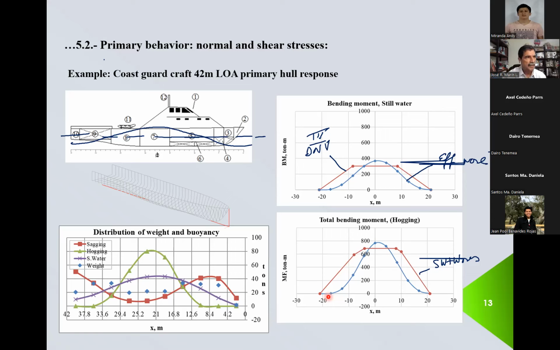We did this some years ago. Published some of these results for a 120-meter long local tanker. It was very close, really. It was very interesting that we see the three methods working together.